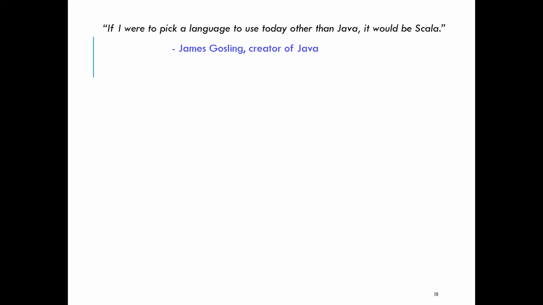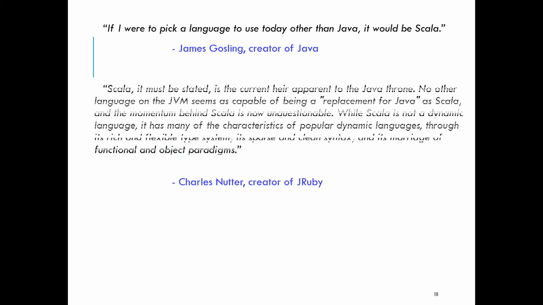Now, this is what people have said. For example, James Gosling, who created Java, says: if I were to pick a language to use today other than Java, it would be Scala. And Charles Nutter, the creator of JRuby, said Scala must be studied. Is it the current heir apparent to the Java throne?